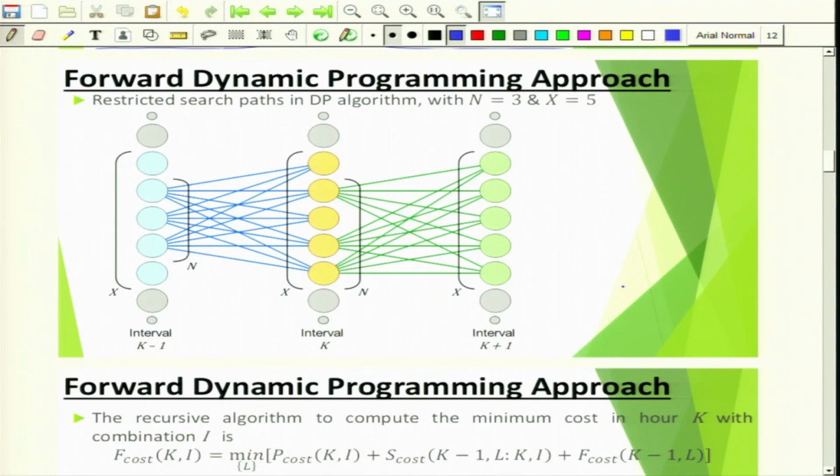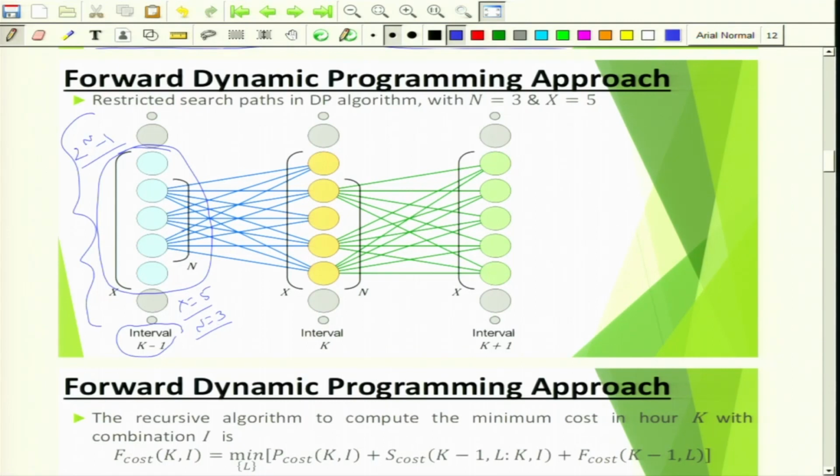So you can understand through this picture also. You see here at the k minus 1th interval, there are so many states available. Let's say this can be 2 to the power of n minus 1 combinations. Among them, X are the feasible states, right? Among them, we are finalizing or shortlisting N. You see here in this particular k minus 1 interval, X is equal to 5, whereas N is equal to 3.